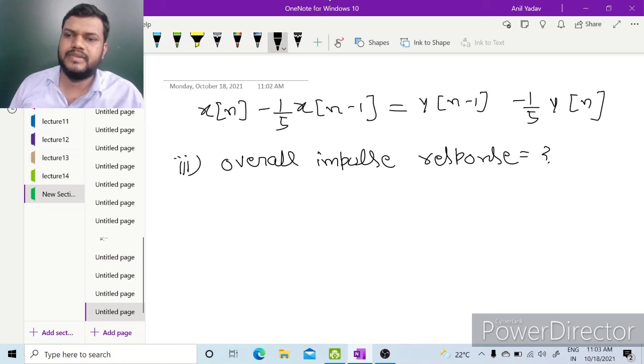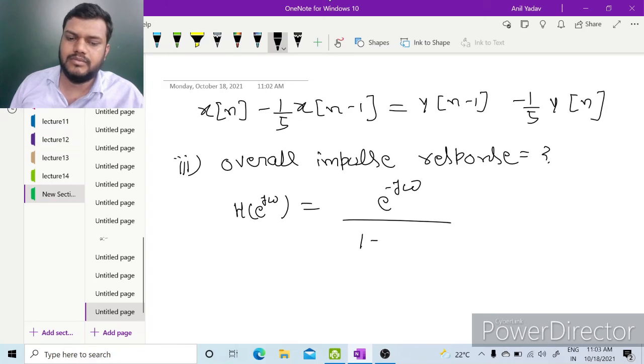H(e^jω) is given as e to the power minus jω upon 1 minus 1 by 5 e to the power minus jω, minus 1 by 5 times 1 upon 1 minus 1 by 5 e to the power minus jω.